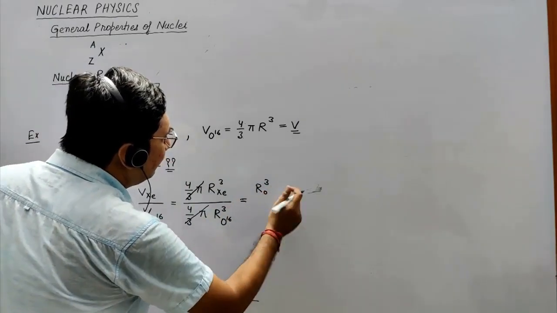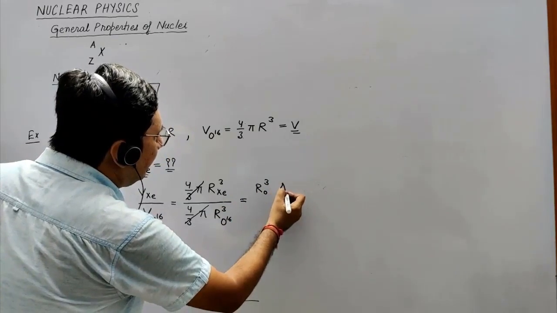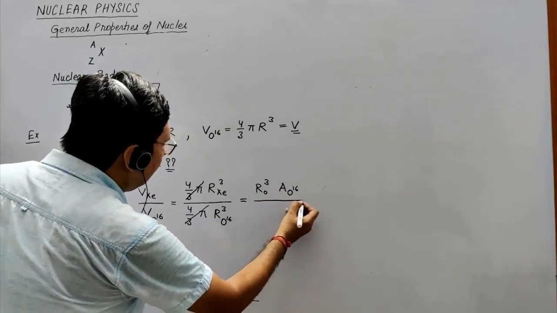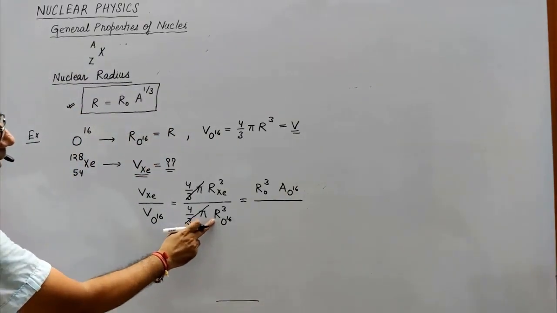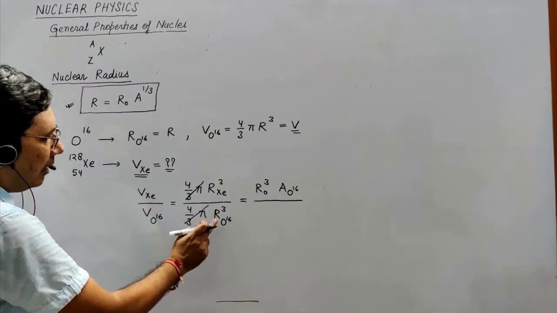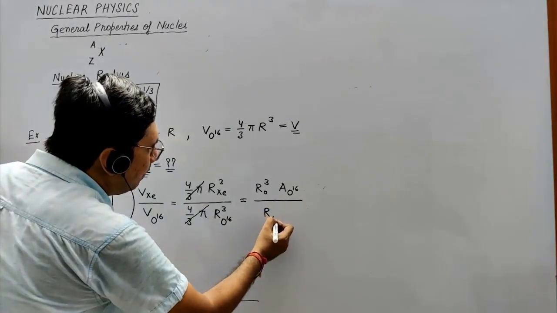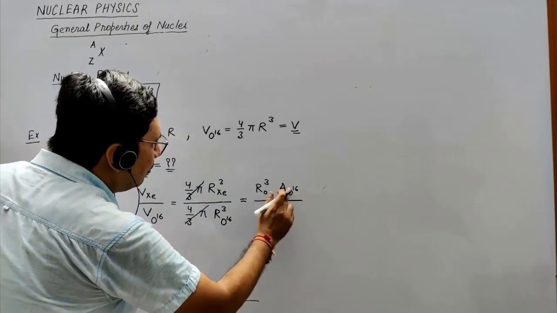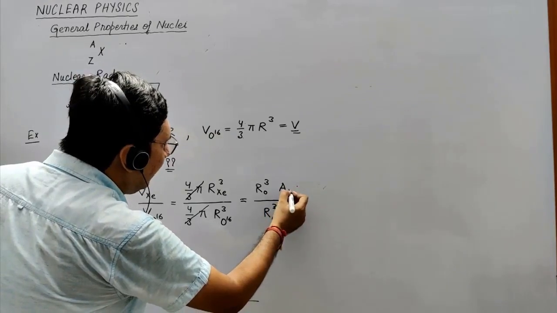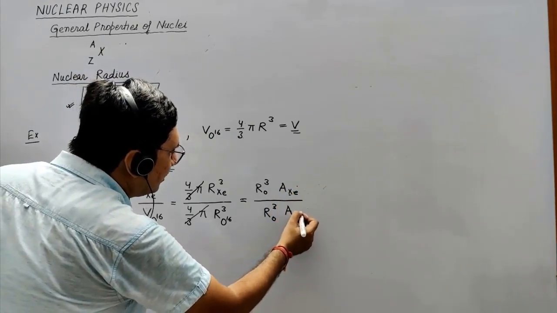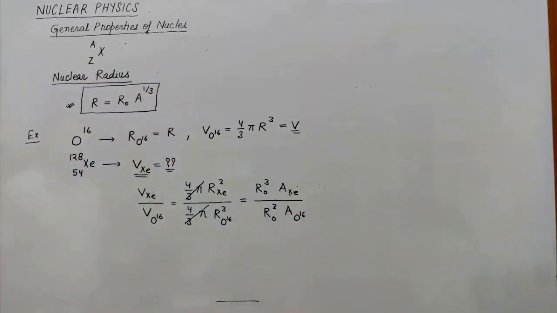Or you can write here, this is A O16. Similarly here, if I replace R cube for O16, then this will be R naught cube, and here it will be A O16.